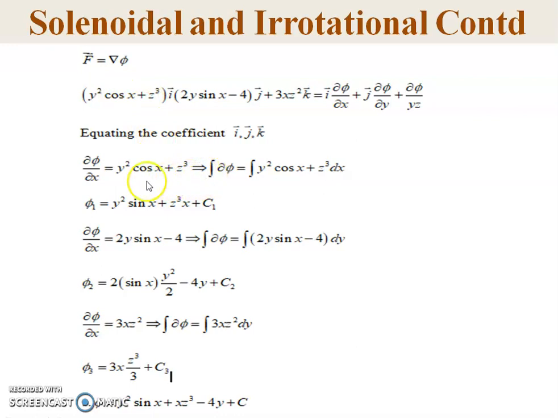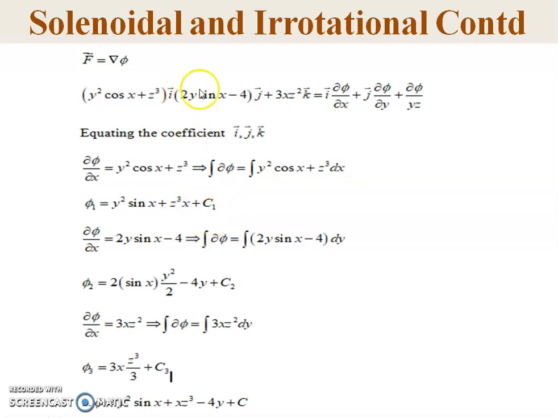Then to find phi, just integrate with respect to x. If you integrate this with respect to x, cos x becomes sin x, and there is no x term in z³, so put x there. So y² sin x + z³x + c1, where c1 is a constant.